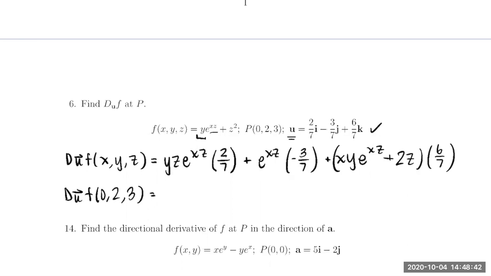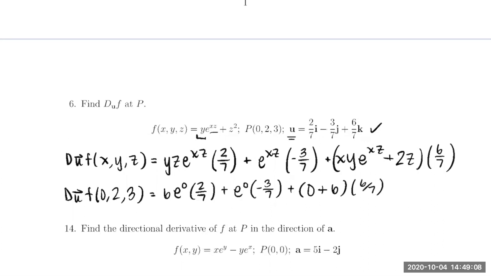All right, so what I get here is 6e to the 0 times 2, 6, plus e to the 0 times -3/7, plus 0 plus 6, and then this is times 6/7 here.